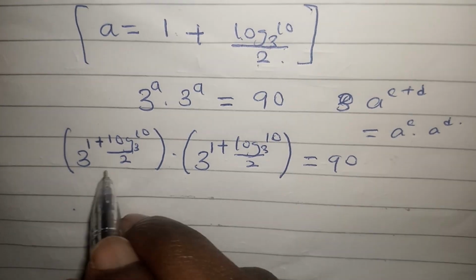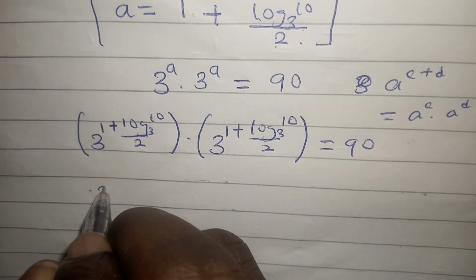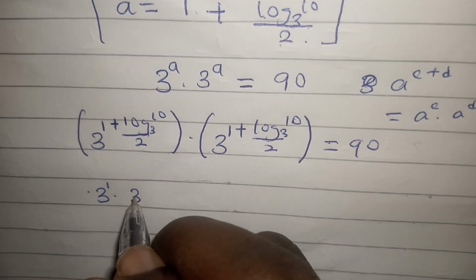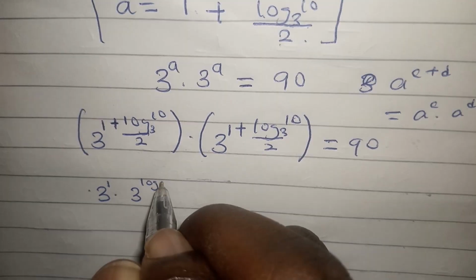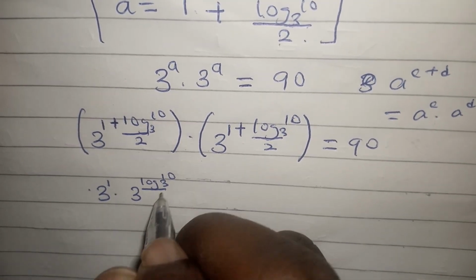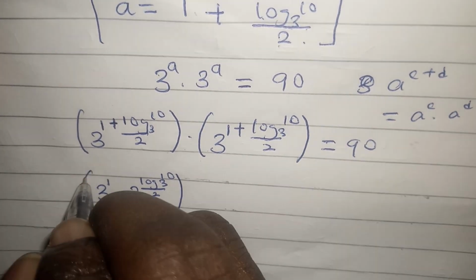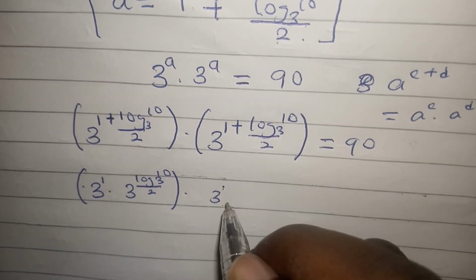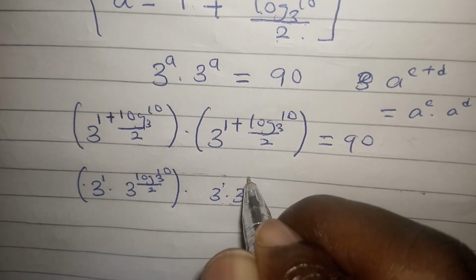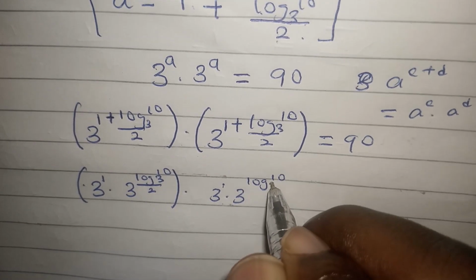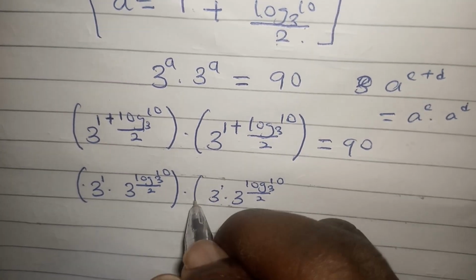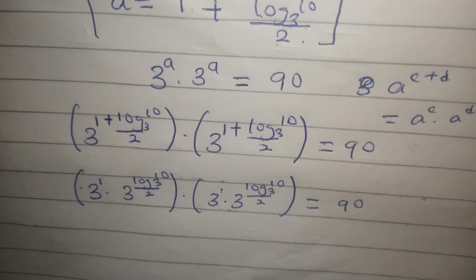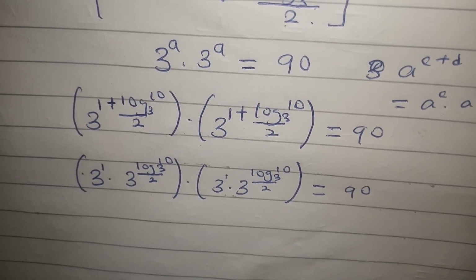If we apply this rule at this part, we have 3 to the power of 1 times 3 to the power of log 10 to base 3 over 2, times 3 to the power of 1 times 3 to the power of log 10 to base 3 over 2, equals 90.